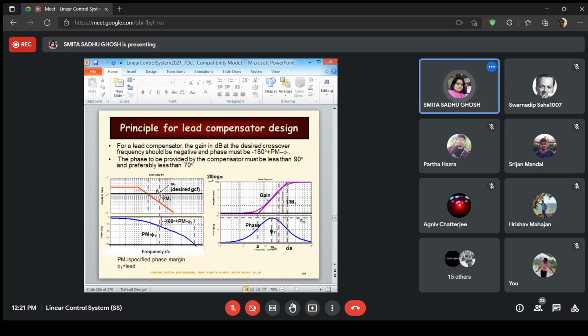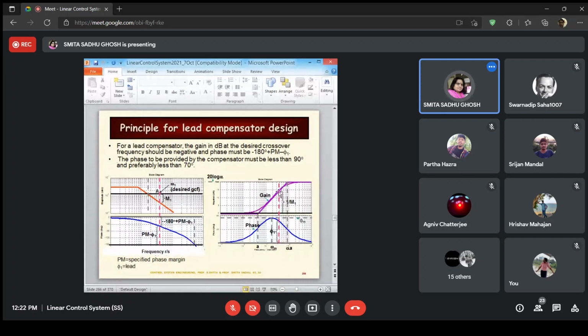So now let us see what happens to the phase. My desired phase margin was specified as some PM, say 45 degrees. Now, the moment I put my lead compensator, I will get some amount of phase lead from it.